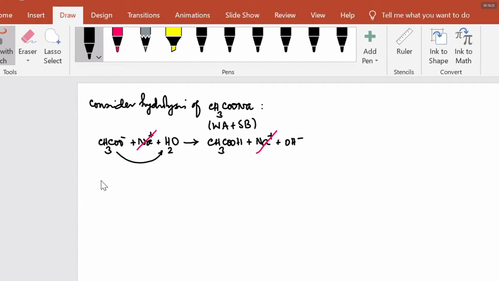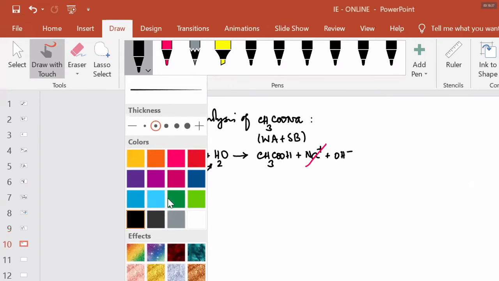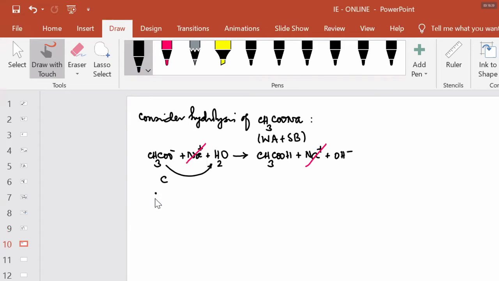Okay. If it is so, then how to proceed? Let the concentration at time t equal to 0 of acetic acid be C. I'll give you a separate equation. How to proceed? Very simple, sir. We are having CH3COO minus plus H plus giving CH3COOH, and what else?